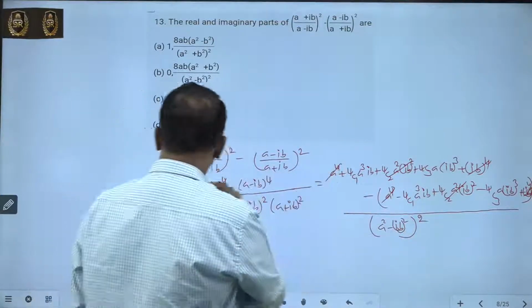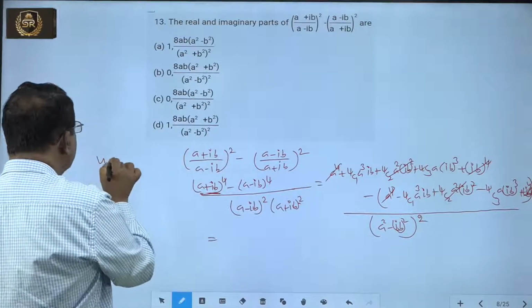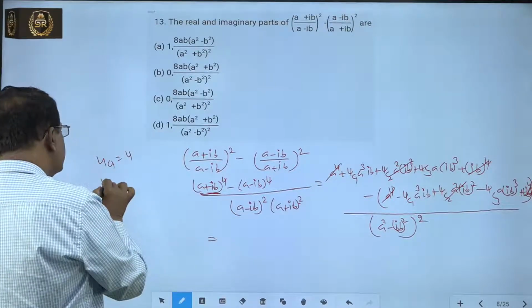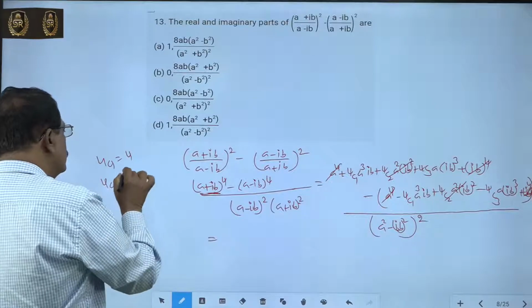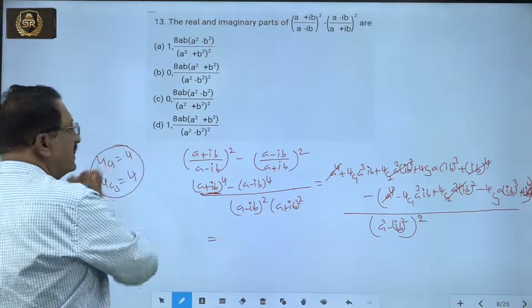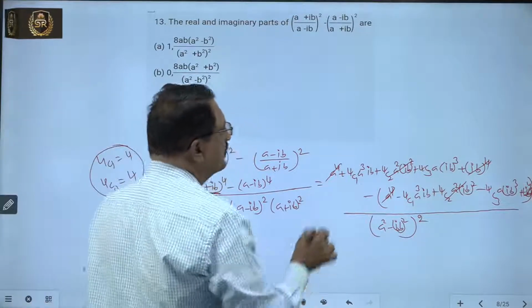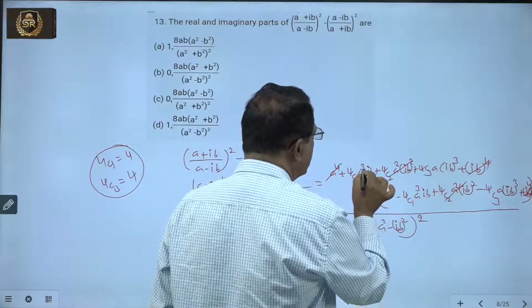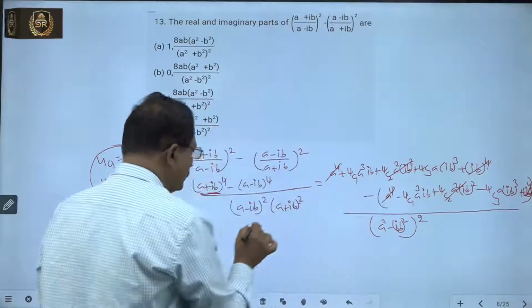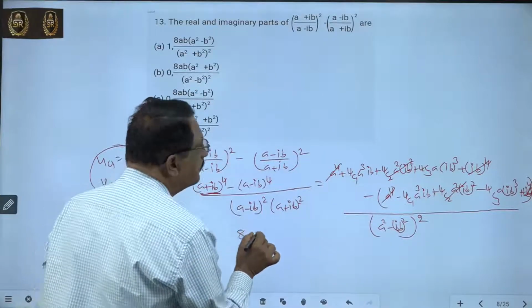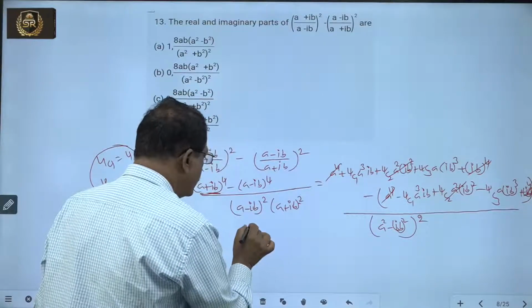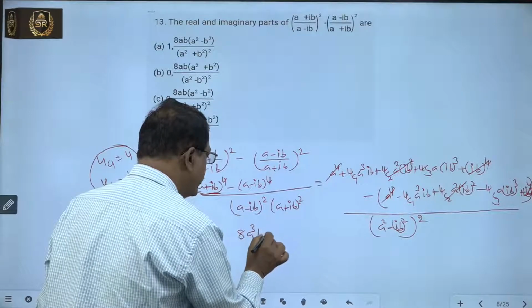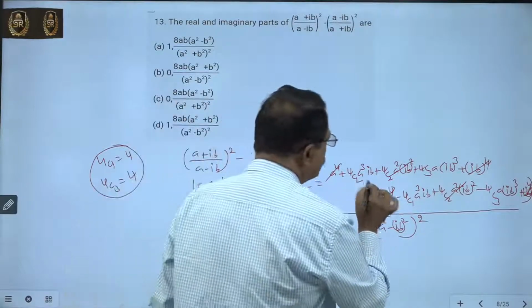The value of 4C1 equals 4, 4C3 also equals 4. Now here minus of minus plus, 4 a cube ib, that equals 8 a cube bi, these two terms.